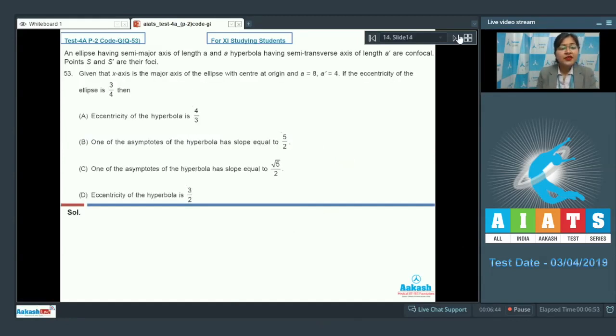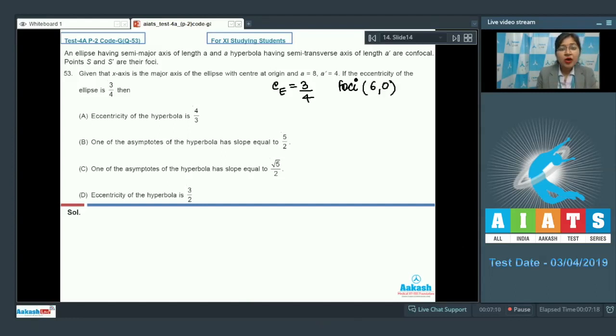Now question number 53 says that the x-axis is the major axis of the ellipse with center at origin and A is equal to 8 and A dash is equal to 4, and the eccentricity of the ellipse is also given. Eccentricity of the ellipse is equal to 3 by 4. So we can find the foci, that is S equal to (AE, 0), that is 8 into 3 by 4, that is (6, 0).